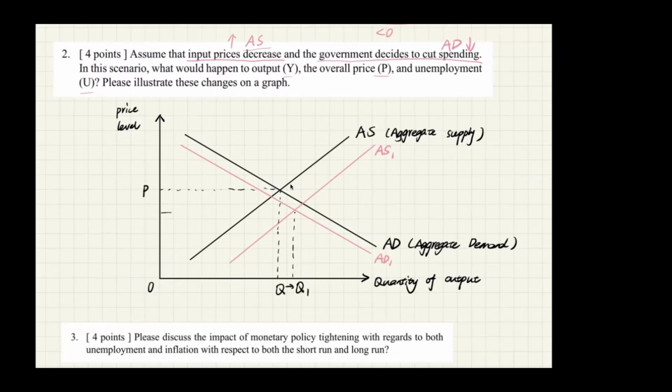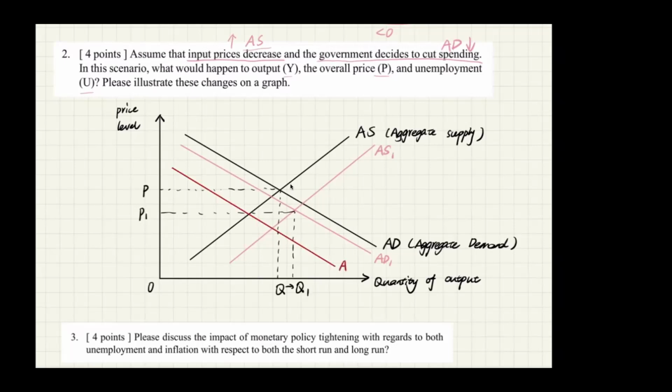And the equilibrium price level decreases. So now maybe you would get the answer that, okay, the overall price decreases, the output Y increases, and unknown for the unemployment rate. But actually, what if the aggregate demand changed a lot?